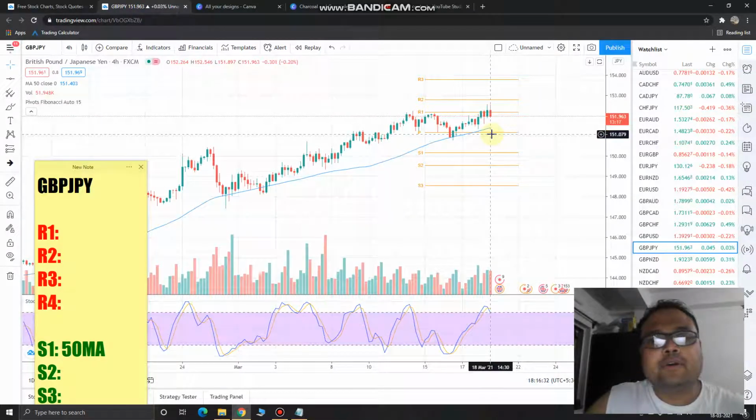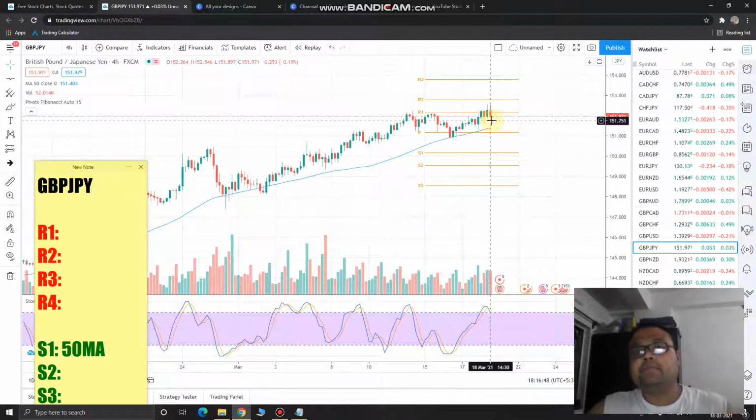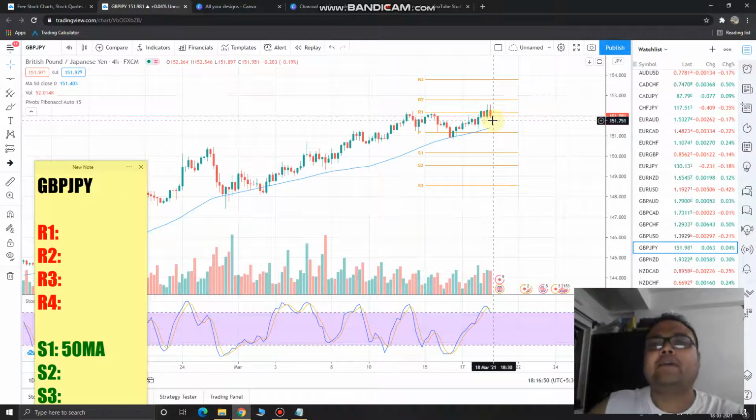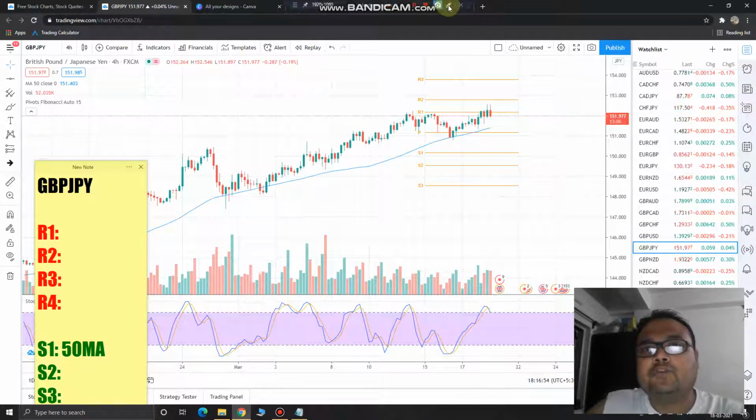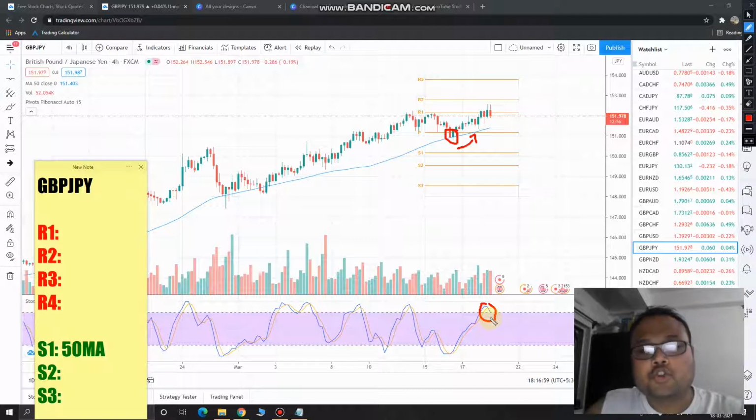When the market is taking support at the 50 moving average, just observe the price. If you see that price is still respecting the 50 moving average and the market is about to bounce back again like this, then you can buy just above the 50 moving average, or wait for the stochastic RSI, which is in the overbought zone right now, to come down. When the stochastic RSI is in the oversold zone and it goes up again, just look at the position of the price.